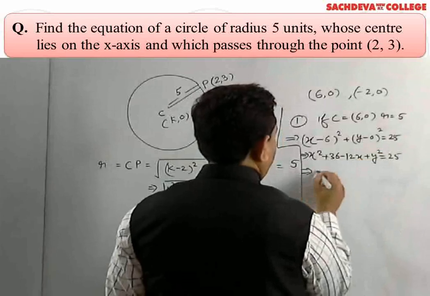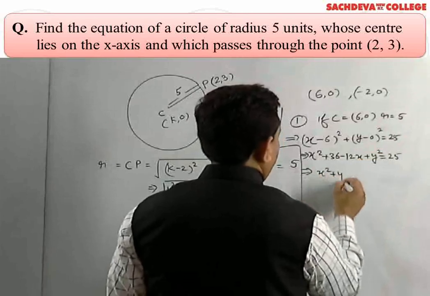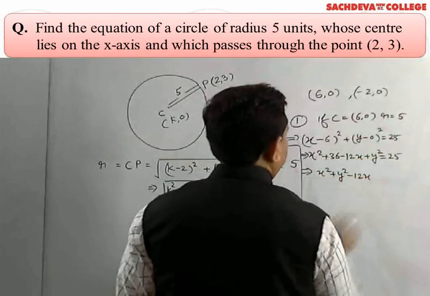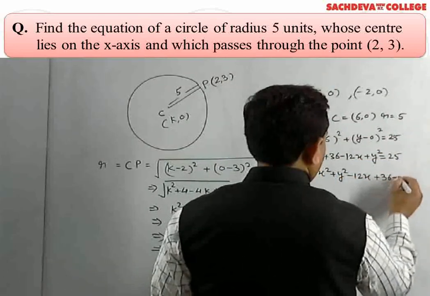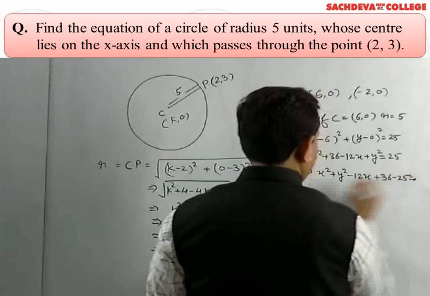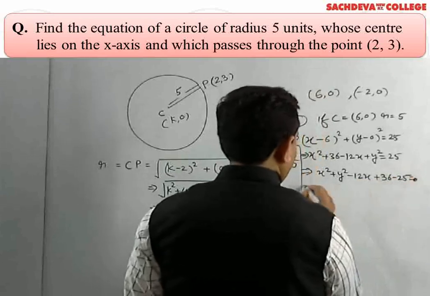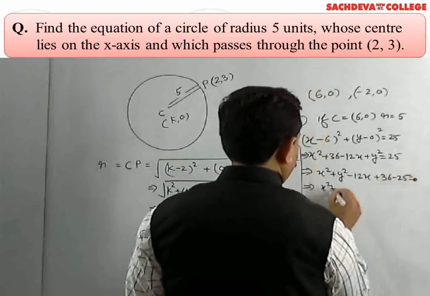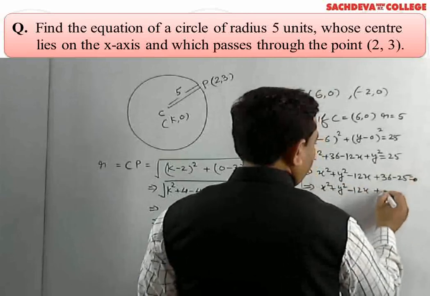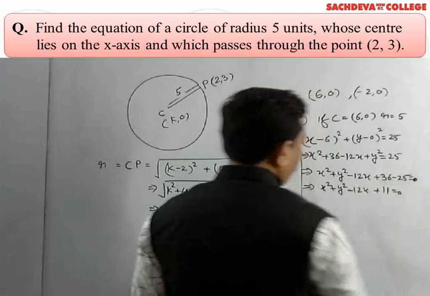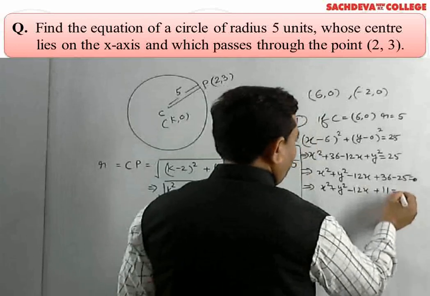So x squared plus y squared minus 12x plus 36 minus 25 is equal to 0, or we find x squared plus y squared minus 12x plus 11 is equal to 0. This is the equation of the first circle.